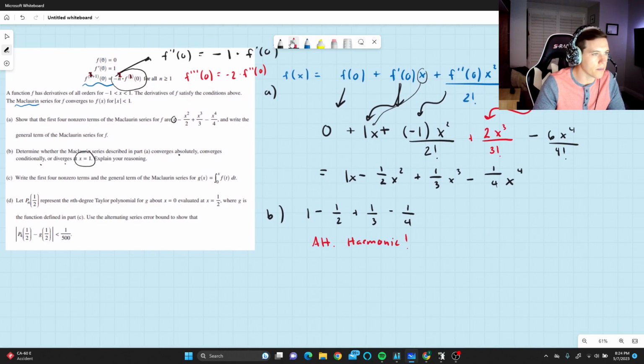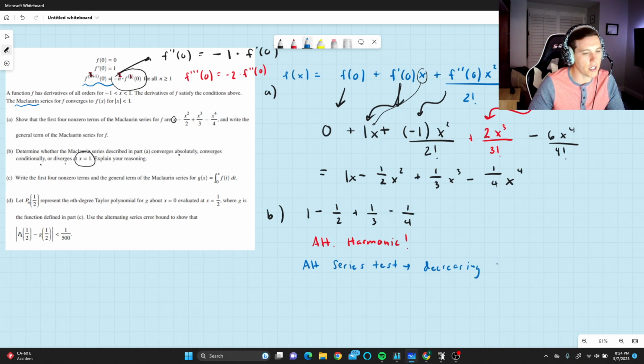Since it's alternating, you could say something like, it's the alternating series test, and you could say that it's decreasing in absolute value and approaching 0. Therefore, it converges.